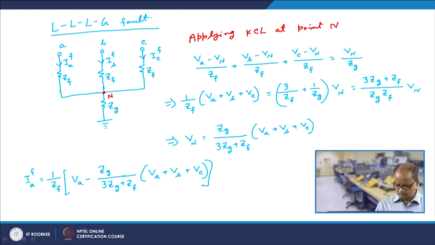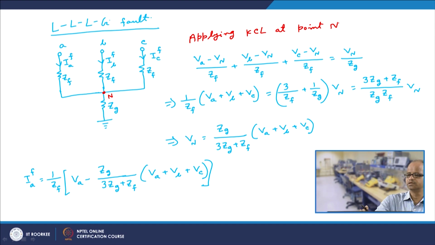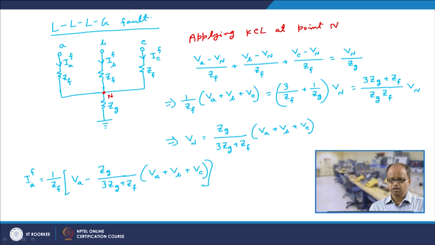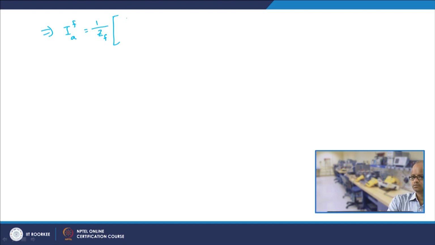So IAF is 1 by ZF into [(3Zg plus ZF) VA minus Zg VA minus Zg VB minus Zg VC] by (3Zg plus ZF).